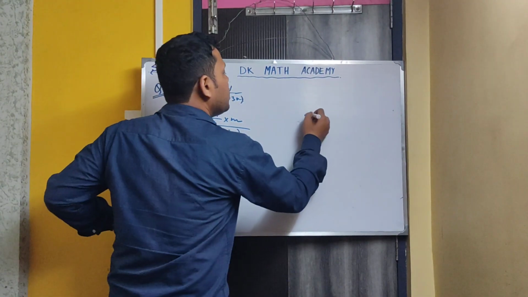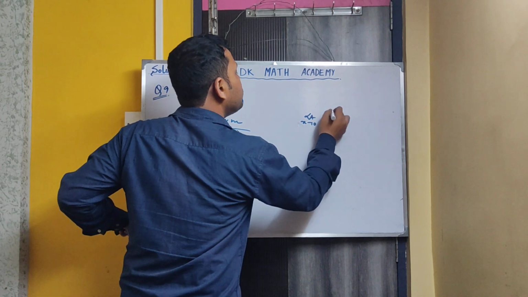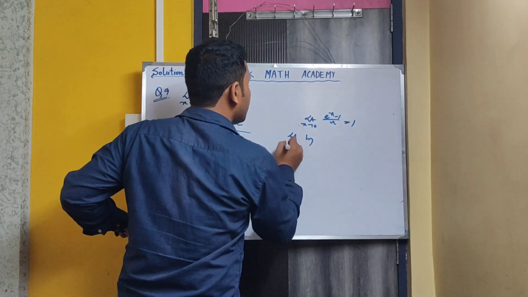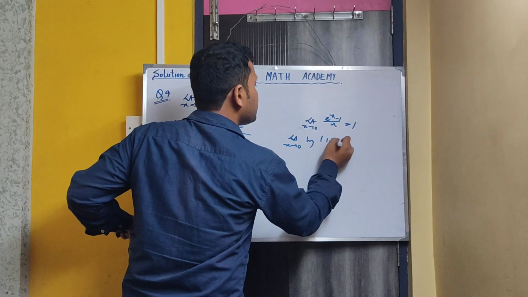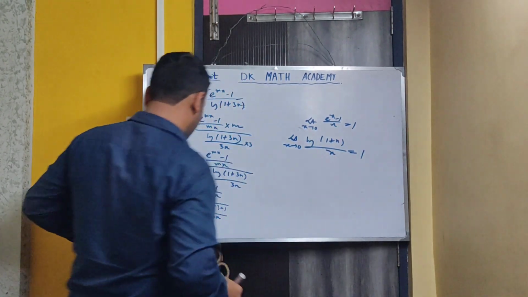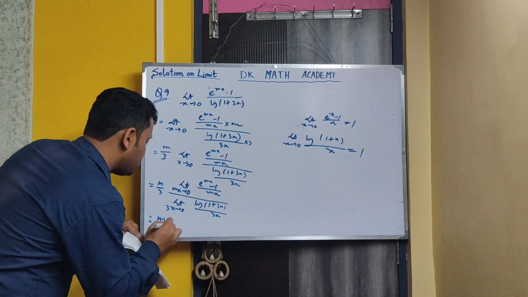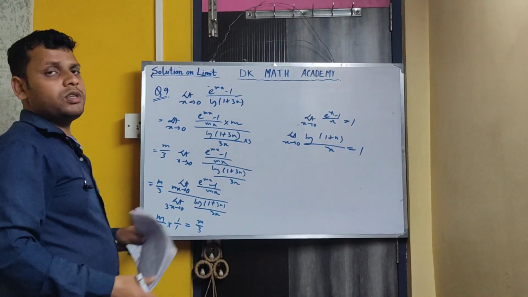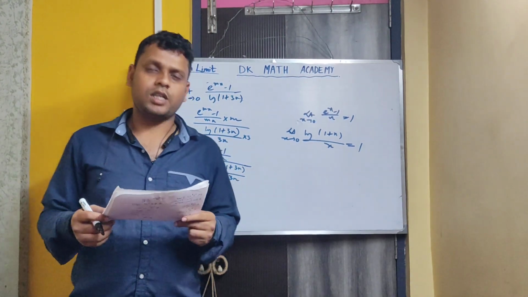We know that limit x tends to 0, (e to the power x minus 1) by x equals 1, and limit x tends to 0, log(1 plus x) by x is also 1. So this is m by 3 into 1 by 1. That means the limiting value is m by 3. Let's see the next problem.